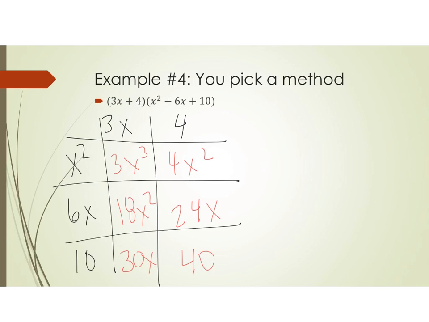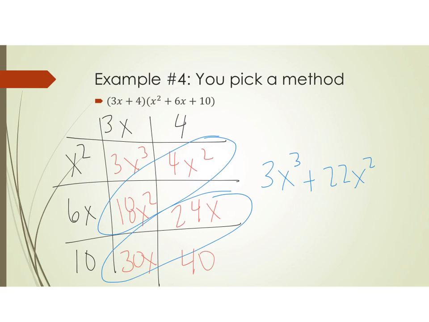If I combine like terms in descending order, highest power cubed, like terms, another set of like terms, and squeeze that 40 in at the end.